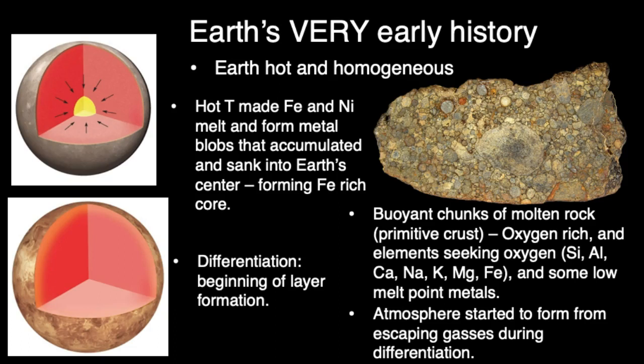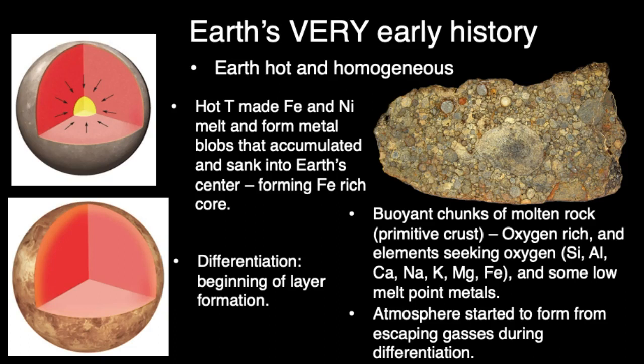These more buoyant chunks were composed of mostly oxygen and elements seeking oxygen for molecule formation, such as silicon, calcium, aluminum, sodium, potassium, magnesium, and little bits of iron, the iron that remained and didn't sink to the core.